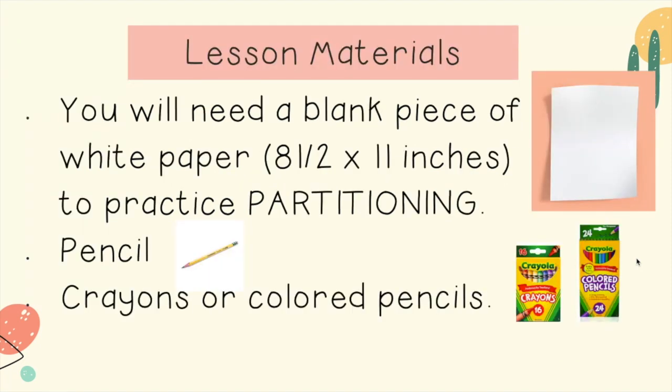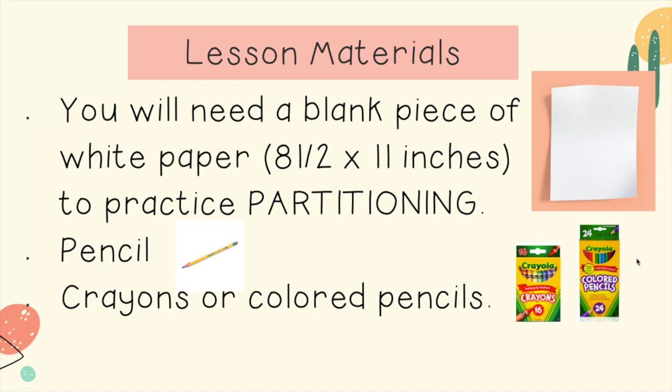So you will need some materials today for one part of our lesson. The materials you will need are a blank piece of white paper. Your paper can have writing on the back, but you just need one side that is blank. And usually the correct size for the paper is 8.5 by 11 inches, which is like regular paper that we would use to write on.